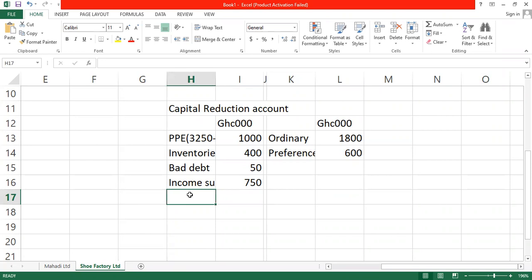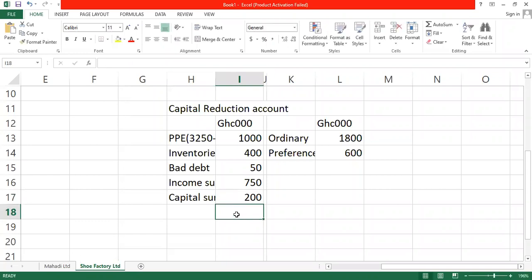The credit side, by how much? 200. So the 200, how are we going to name it, goodwill or capital surplus? It will be capital surplus because it is an income. That will be 200.